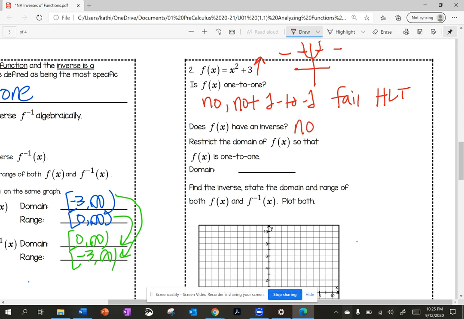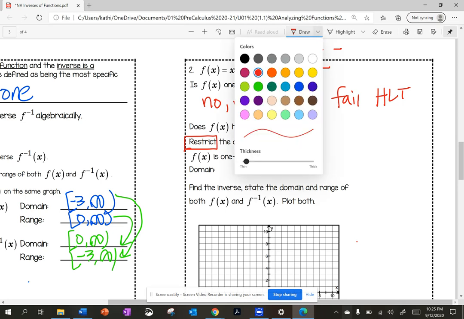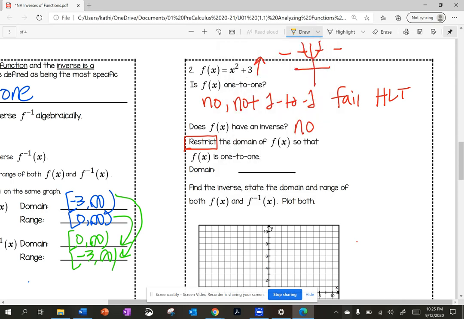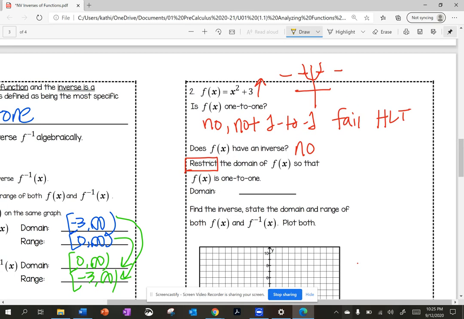So if I don't have an inverse, then the process is I want to restrict the domain so that I do have a 1-to-1 relationship. So to do that, I want to only look at half of the parabola. So if I don't look at the left half, if I just look at the right half of the parabola, then yes, I would have a one-to-one function with a restricted domain.